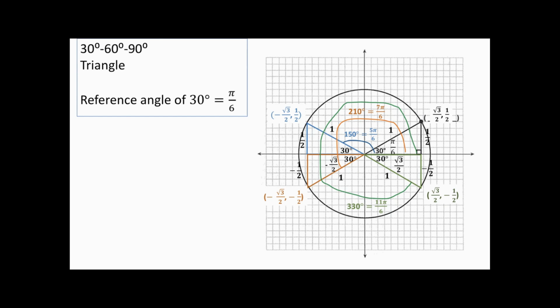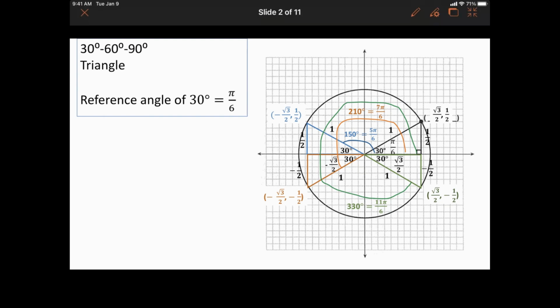So we've done 3 circles with 3 different reference angles, and we've discussed them. We're going to use these diagrams to help us evaluate certain trigonometric expressions.